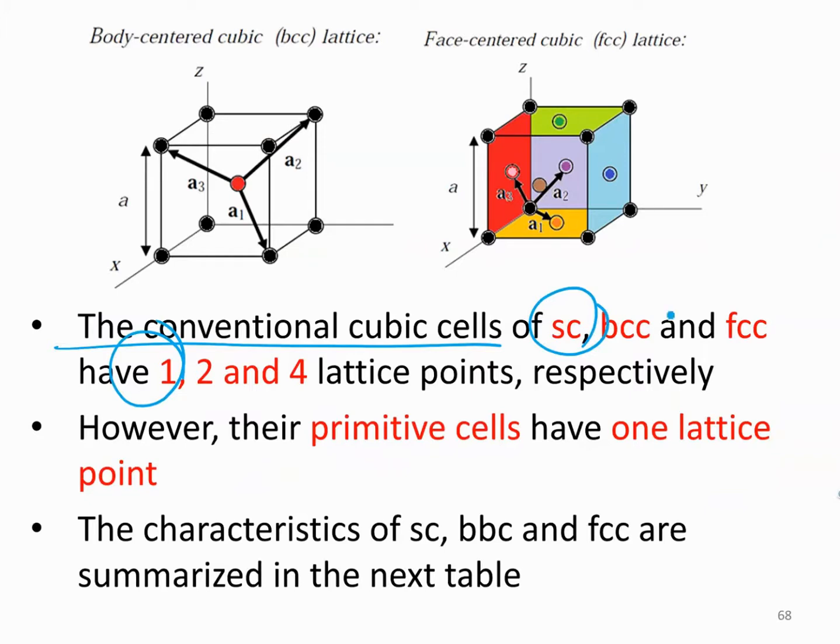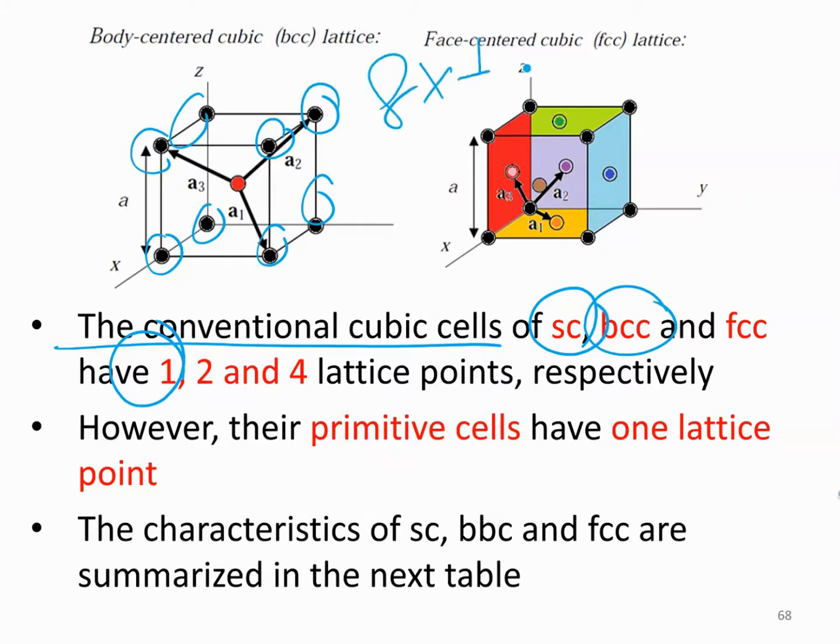Okay. How about body-centered cubic? This is the structure for body-centered cubic. We know that all the corner lattice points only contribute 1/8, and there are 8 corner lattice points. So 8 times 1/8 equals 1. So the corners contribute 1.